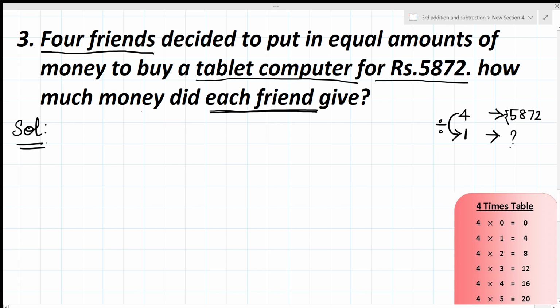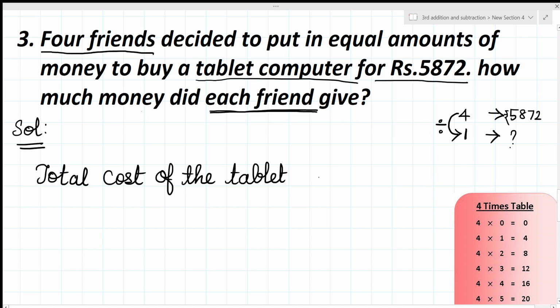Total cost of the tablet computer. How much? Yes, it is rupees 5,872. And how many friends have decided to share the amounts? Yes, it is 4.